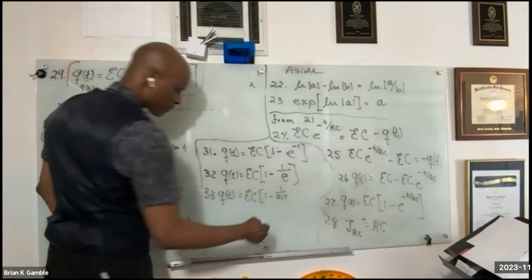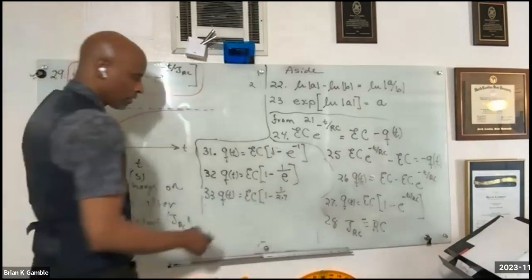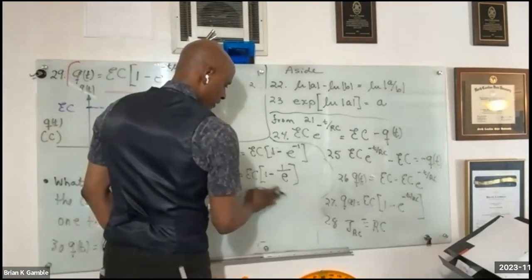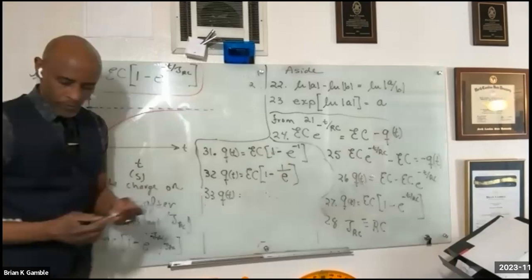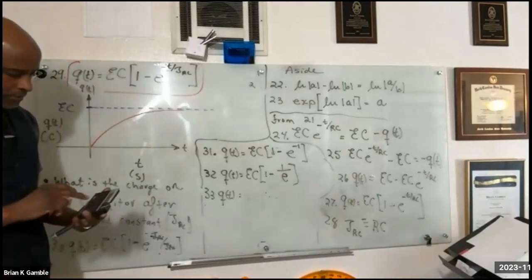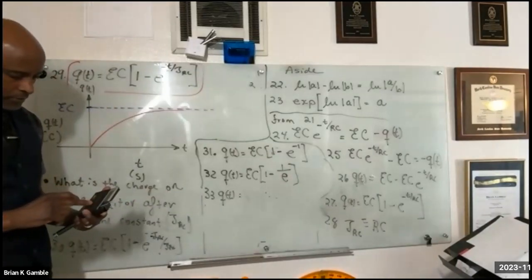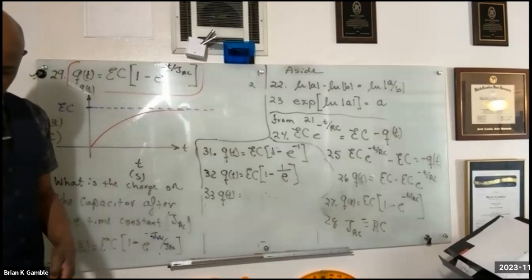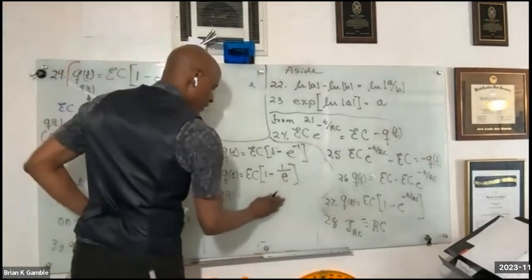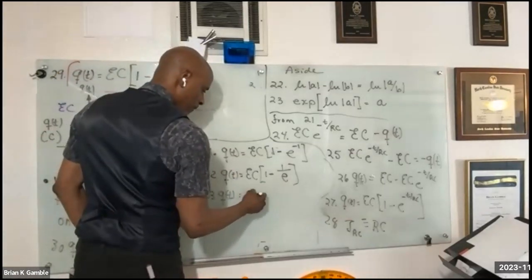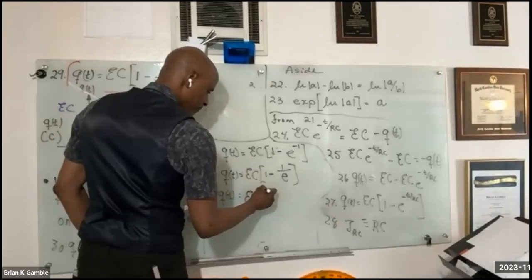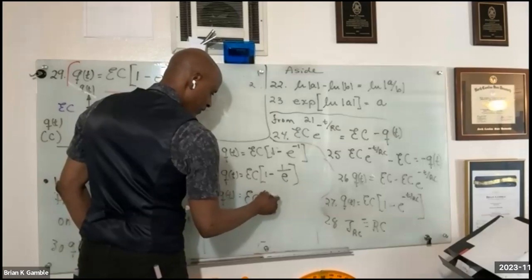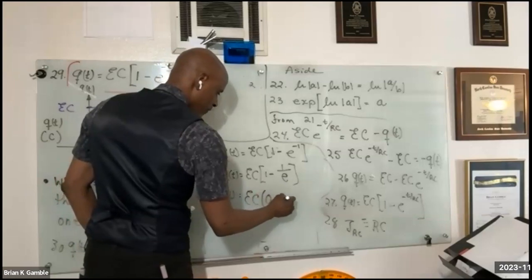That's 2.7, whatever it is, 2.718. I mean, you just do it, right? And you end up getting 63. So EC times 0.63.